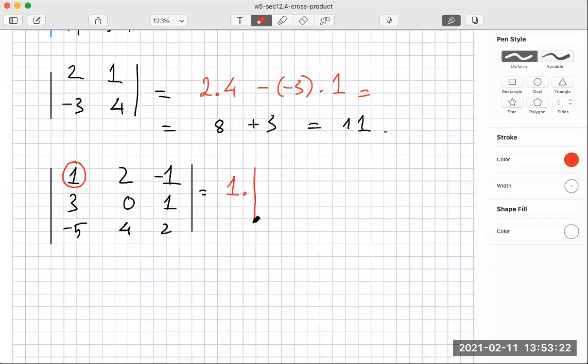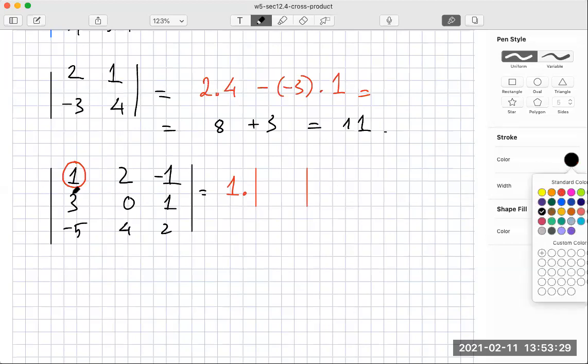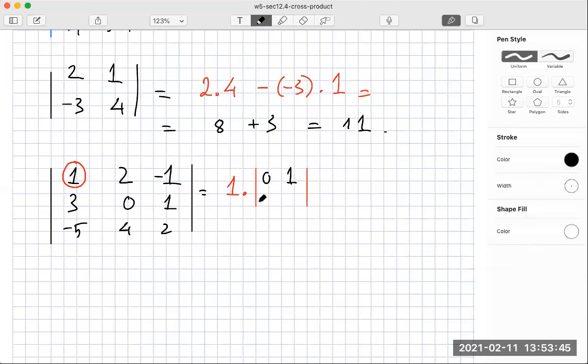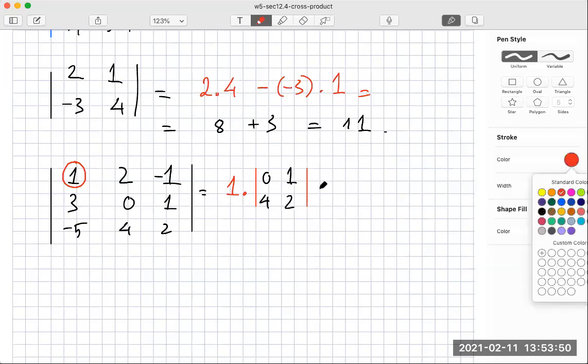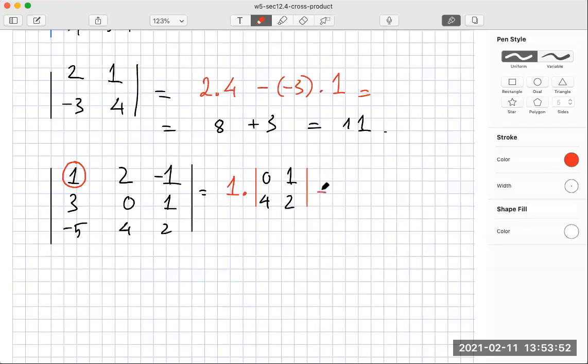It will multiply with the determinant of order 2 of what? What is left? Imagine in your head you cross the column, cross the row. It gives us 0, 1, 4, and 2. Very good. Thank you.